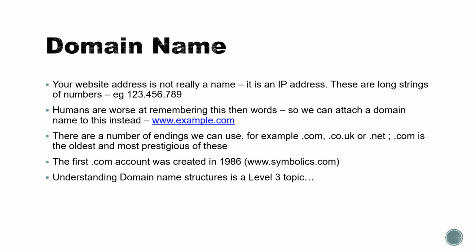So we attach a domain name, which could be www.whatever.com, and there's a number of examples of the endings. So you've got .com, .co.uk, .net. There are loads now. The W3C have just brought out an absolute stack of new endings, which represent the type of company that is using that domain name.